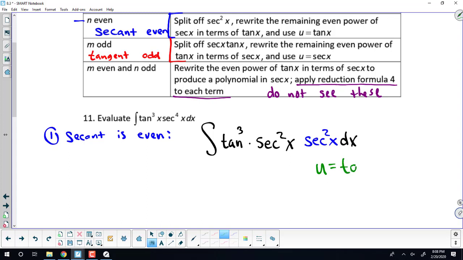Tangent, because the derivative of tangent is secant squared dx. Takes care of this for us. And then we just need to rewrite secant squared in terms of tangent. So secant squared is what? 1 plus tangent squared? 1 plus tangent squared.